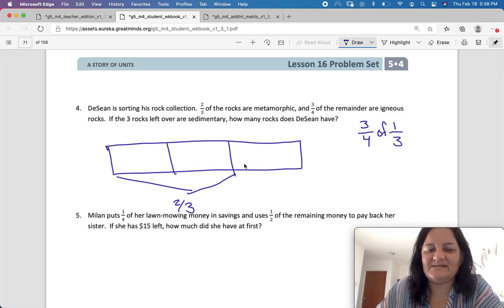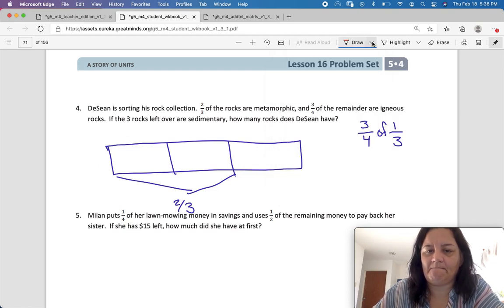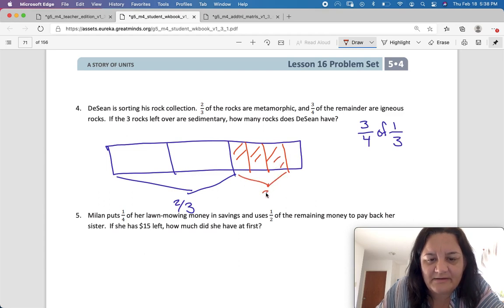So I'm going to cut the remainder into 4s, and I'm going to highlight 3 of them. That's 3/4 of the remainder. Those are igneous, so made from volcanoes.